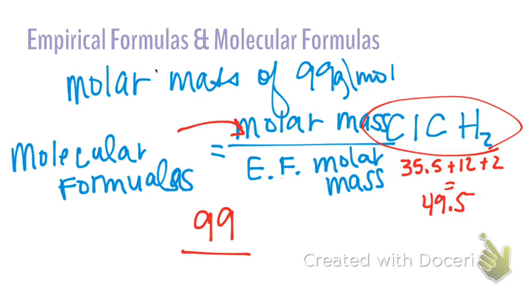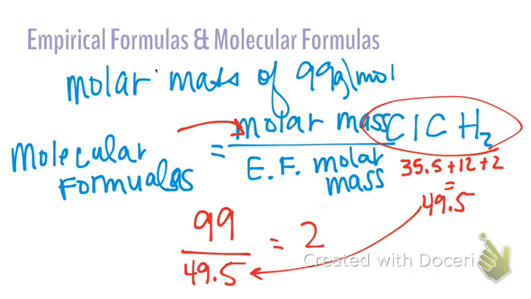So that's going to be in my denominator, 49.5. And we get, this should come out as a whole number, 2. Right? So that tells you that the unknown that we were looking for is twice as big as the empirical formula. Twice as big, right?